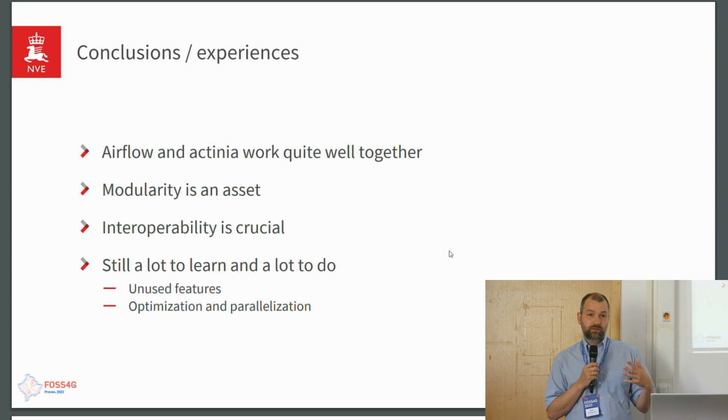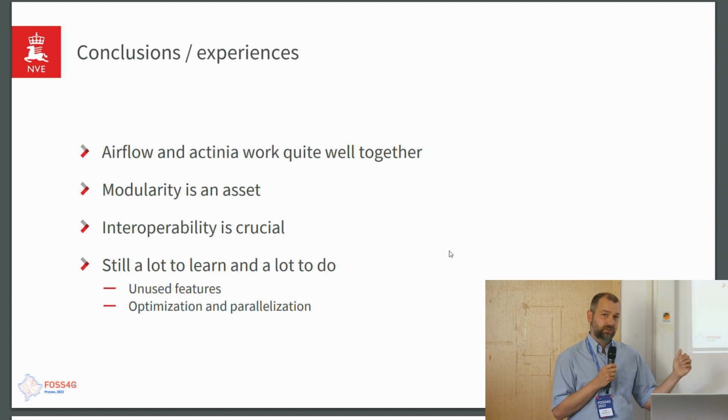It's very important to have interoperable solutions. As mentioned, we have the proprietary JS platform, so we can't get open source tools into our systems if there are not good bridges towards that. So that's actually a very important thing.